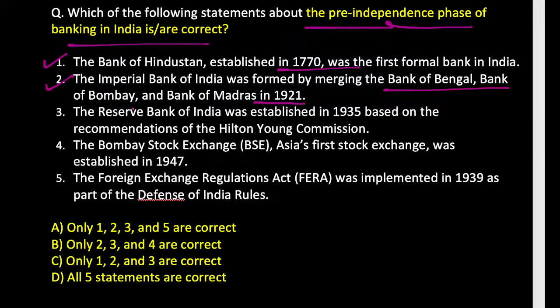The third statement: RBI was established on 1st of April 1935 based on the recommendation of the Hilton Young Commission 1926, 100% true. Bombay Stock Exchange is Asia's first stock exchange, established in 1875, not this, 1875, so this is wrong.